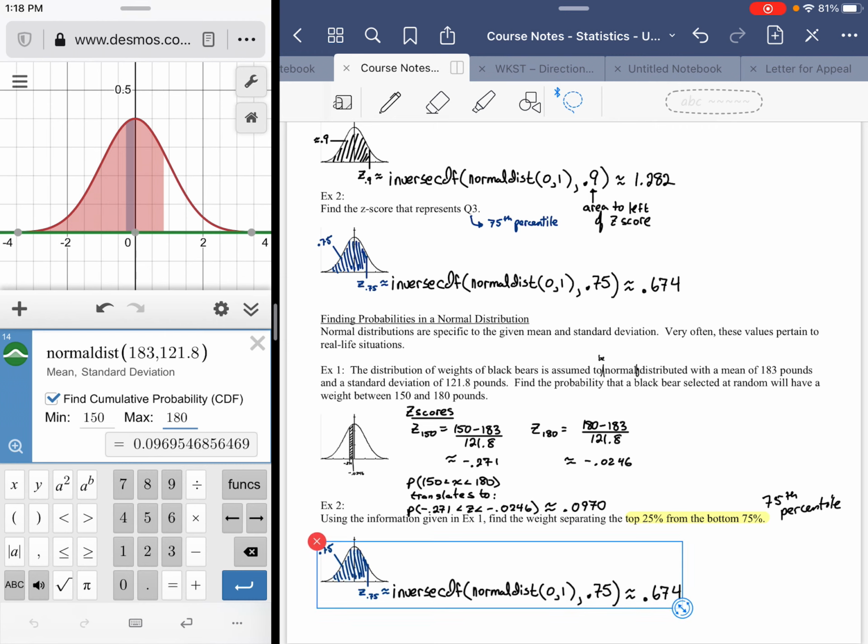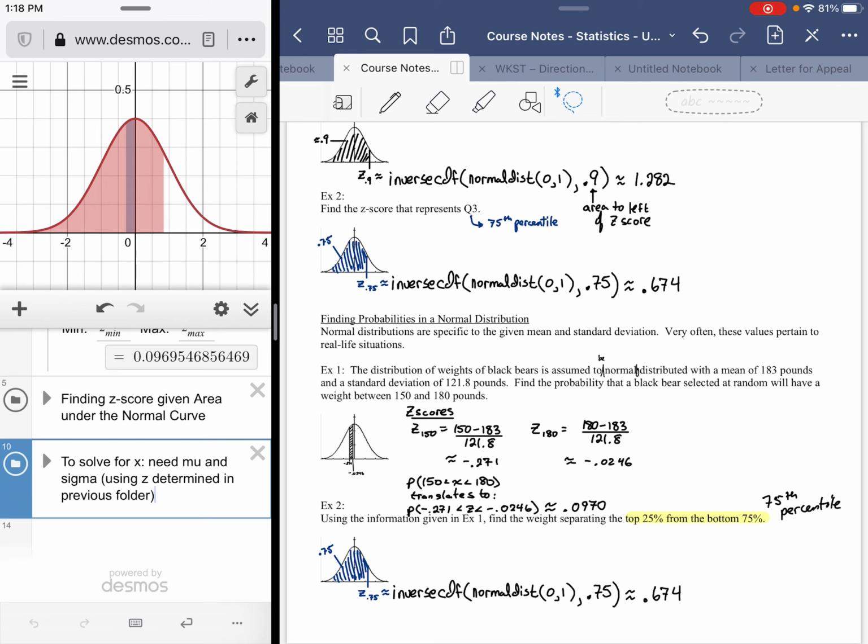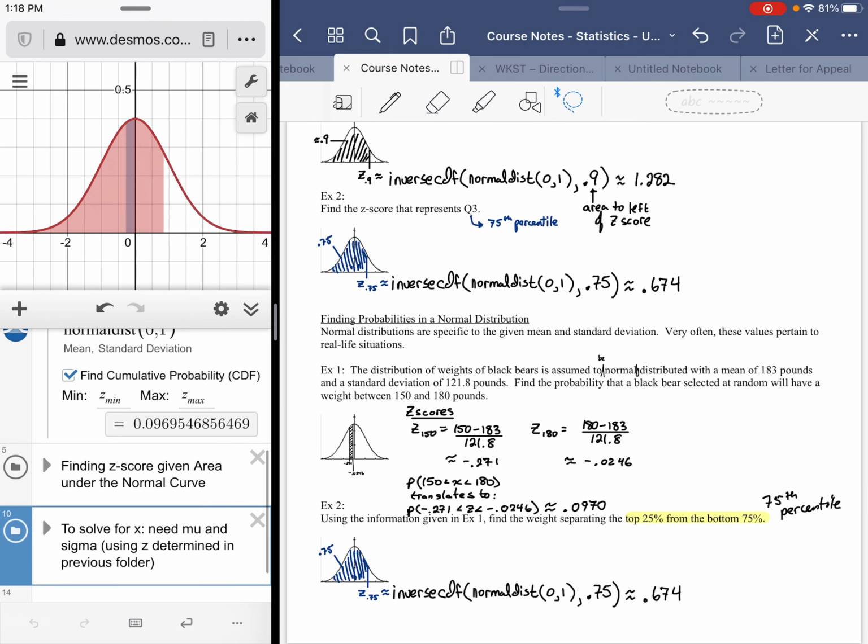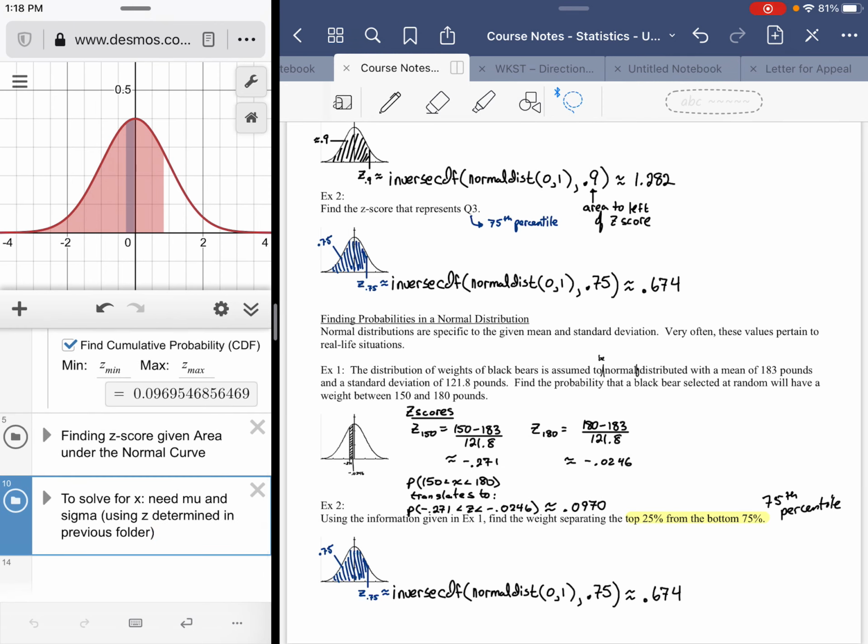It would be the same exact process to determine the z-score, but then what we need to do is go the other way and figure out the x values that correspond for that. So I have a third little drop down here that says to solve for x, you need mu and sigma using z determined in the previous folder.